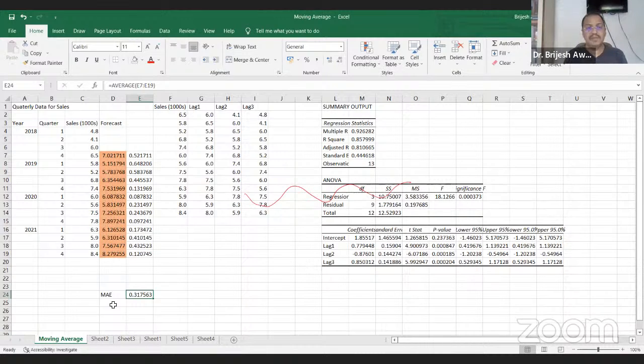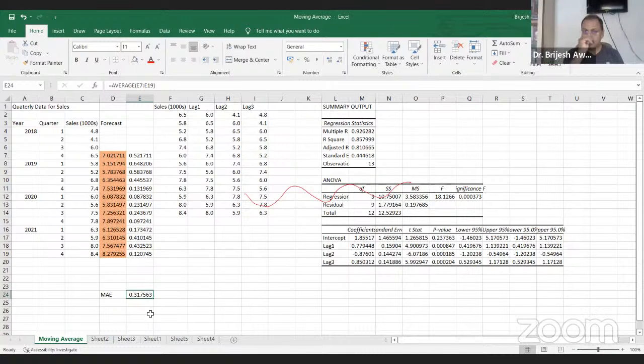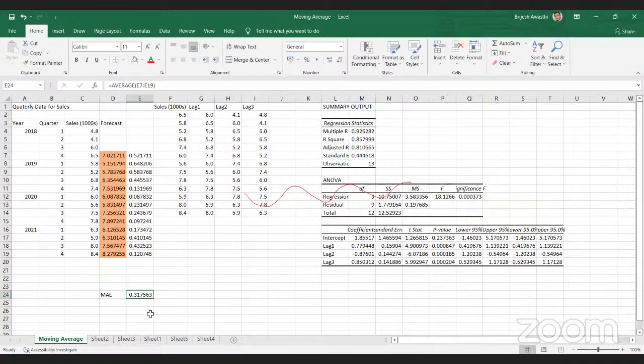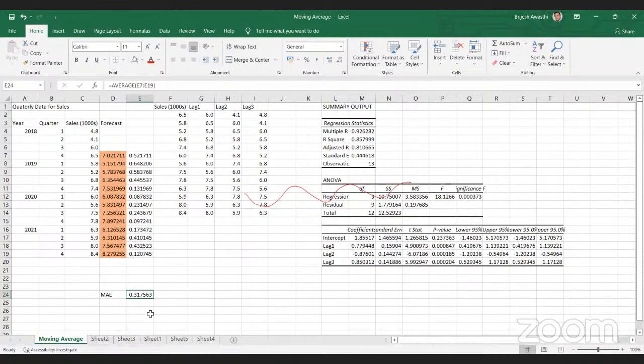And this is also part of that. This error is known as residual. The value of residual must be equal to or very close to zero. It is rare that you will get the exact value zero, because that is not possible practically. Got it, sir.